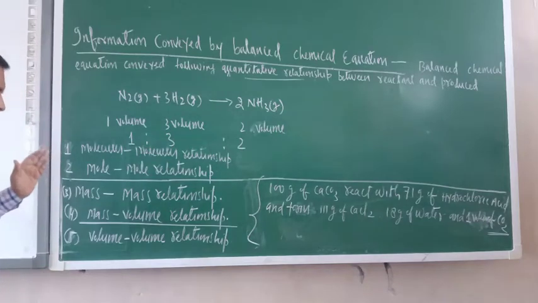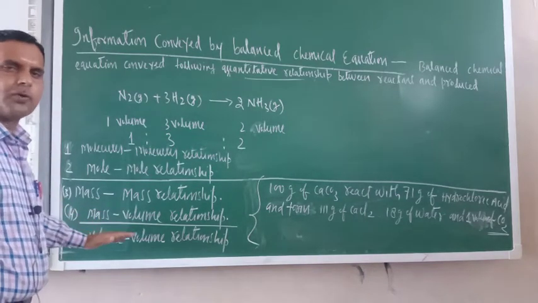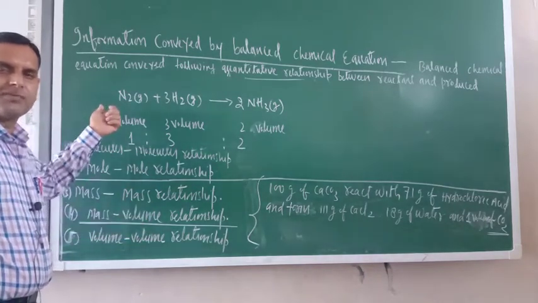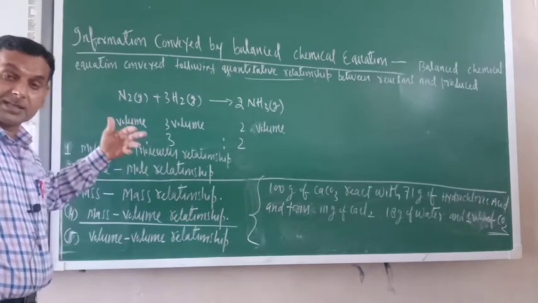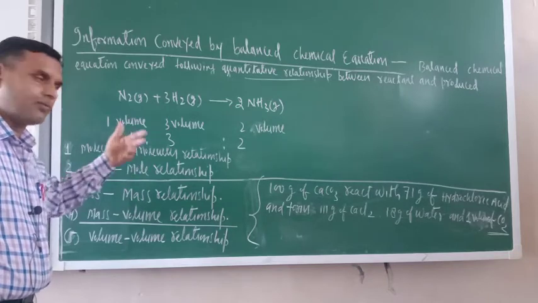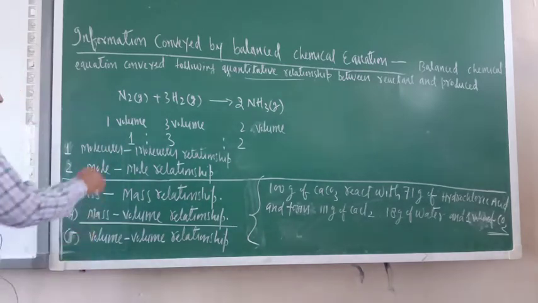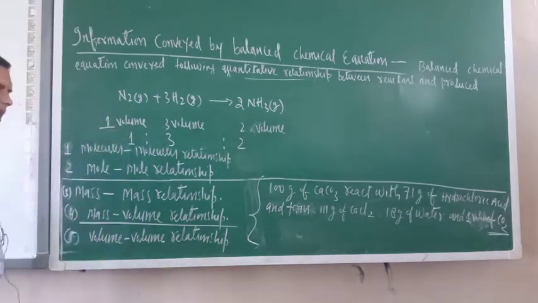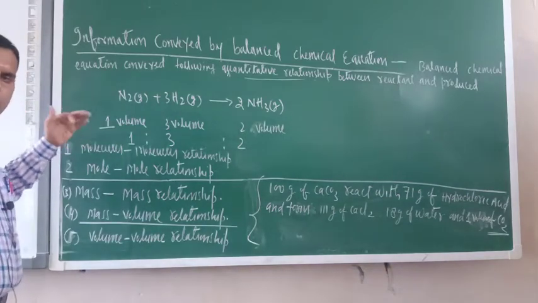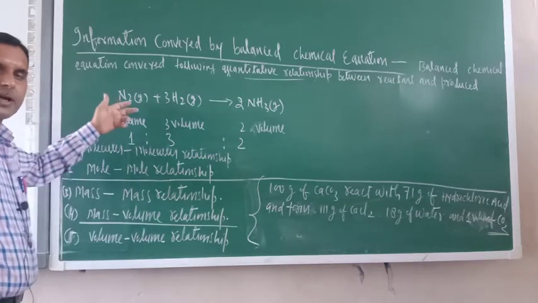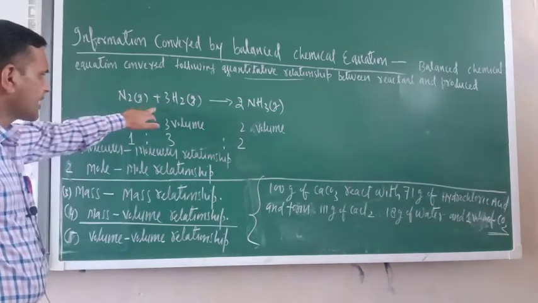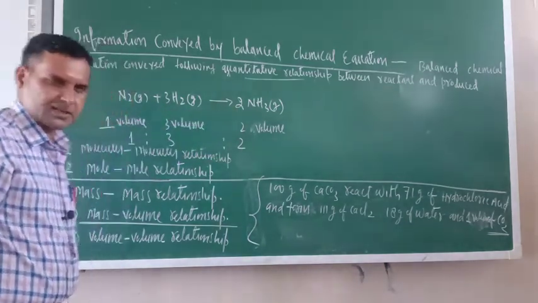So what kind of relationship is this one? This is a volume relationship, where the relationship between reactant and product is expressed in terms of volume. Are you getting my point or not? So just try to understand here. This is the volume relationship and it comes into the picture when reactant and product both are gaseous only.